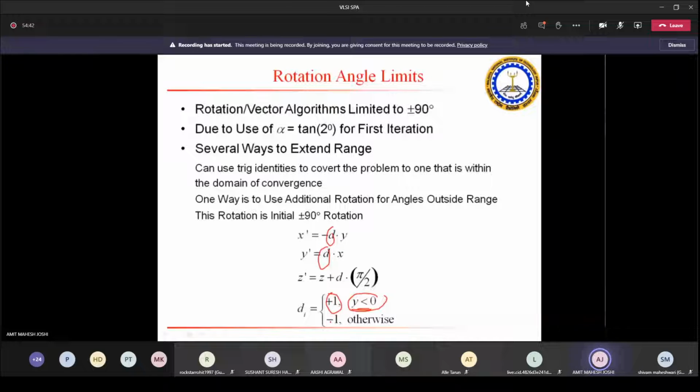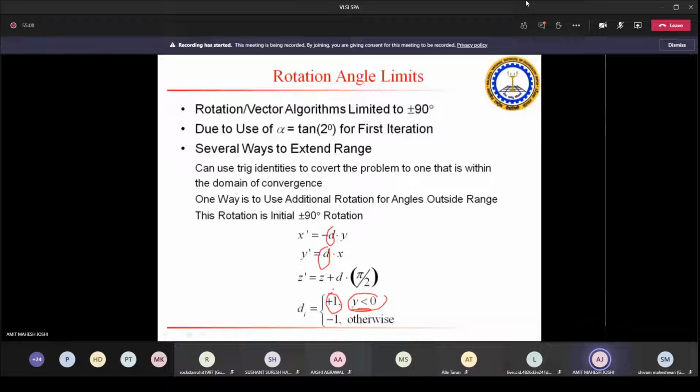So at that time, I can consider that the next alpha is negative. Actually, I am doing 30 minus 45? No, I am right: 45 is my present angle, and my desired angle is 30. So 45 minus 30 means I am getting a positive difference.